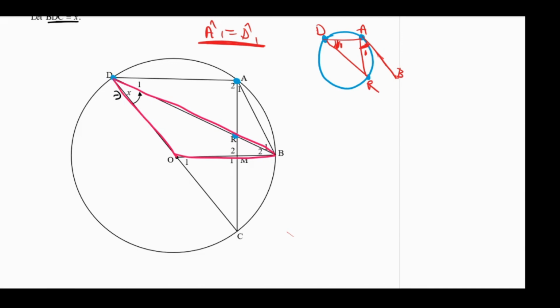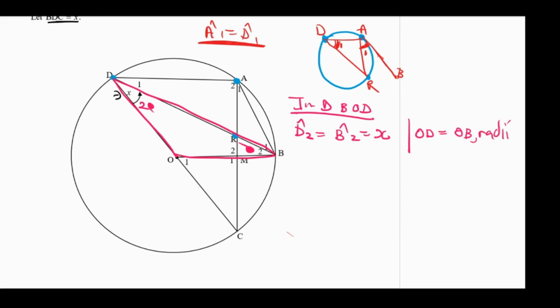So the first thing you're going to do is say in triangle BOD, we're looking at that triangle, angle D2, which I call this D2, is equal to B2. This angle here is equal to this angle here, which is equal to x. The reason for that is because OD is equal to OB. So they're radii, or you can just say it's an isosceles triangle, because this side is equal to this side, therefore the base angles are equal.